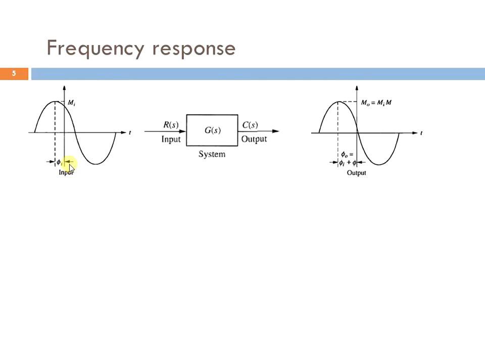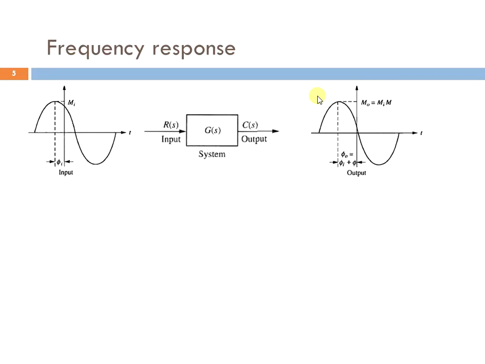This difference is dependent on the type of the system as well as the frequency of the input. This leads to the characterization of the frequency response analysis of a system in terms of how the output waveform's amplitude and phase relate to the corresponding values of the input waveform.